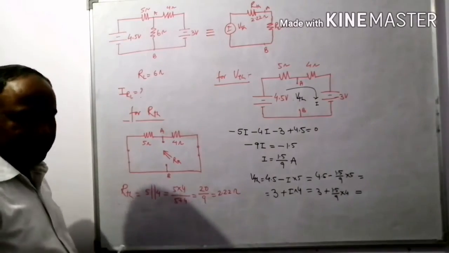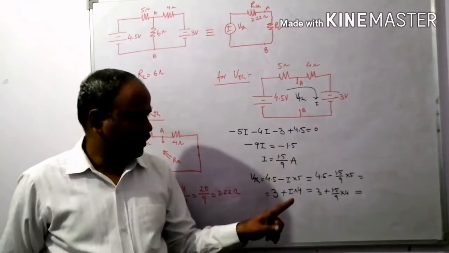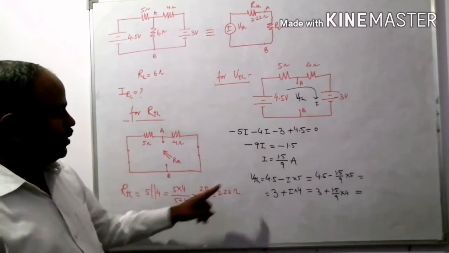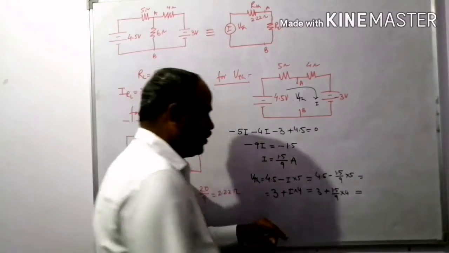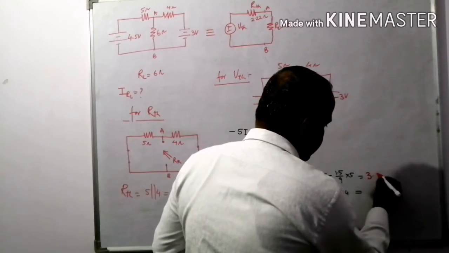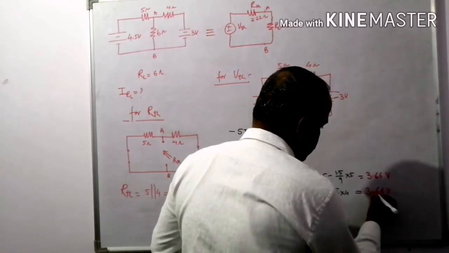Calculate it. Yes, so there are two equations by which we can calculate VTH, which is the open circuit voltage across the point A and B. After the calculation, we will get it as 3.66 volt. It is also 3.66 volt, right?